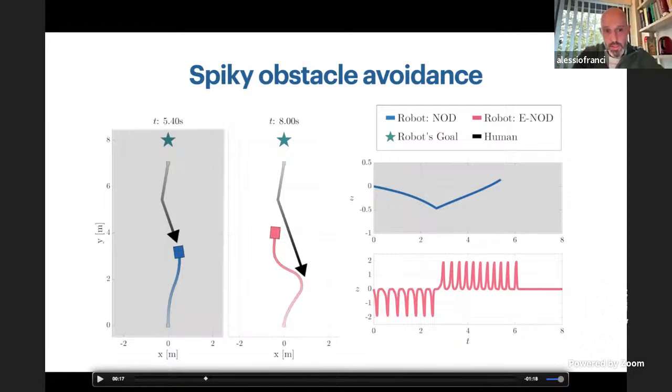The blue is the behavior of the robot with, let's say, a standard controller, whereas the red is the behavior of the robot with a spiky controller. The idea of this project is that by using a spiky controller, essentially you have a robot that can dribble, that can rapidly adjust its motor behavior to what, for instance, humans are doing around it.